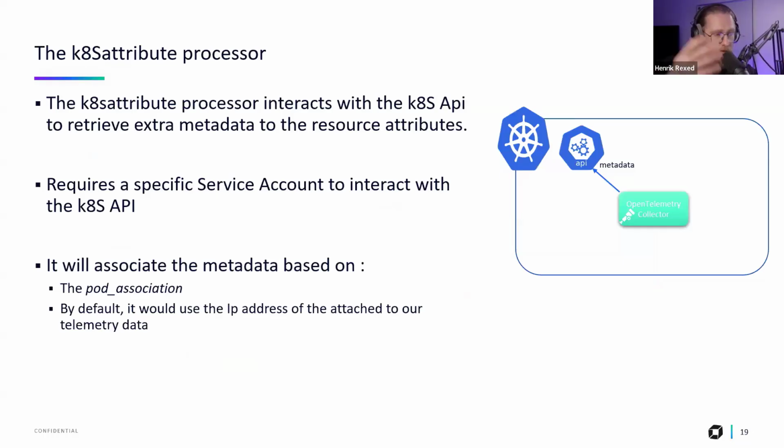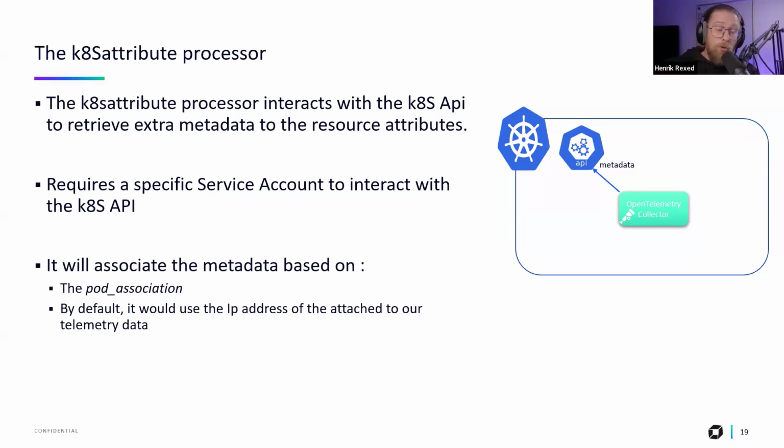The first one is, I hope that you're aware, the Kubernetes attribute processor. That Kubernetes attribute processor will be triggered by the collector. So the collector will send an API call to the Kubernetes API and say, hey, give me the metadata, please.